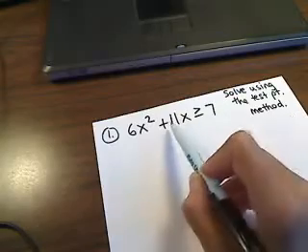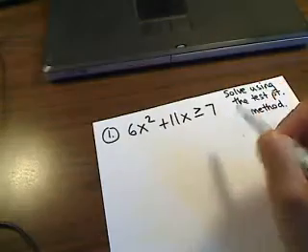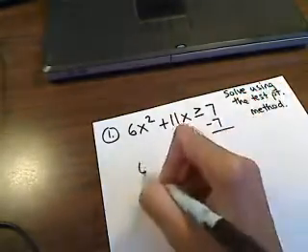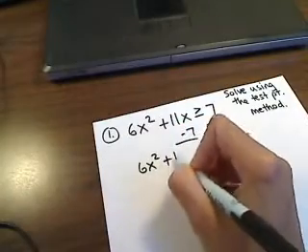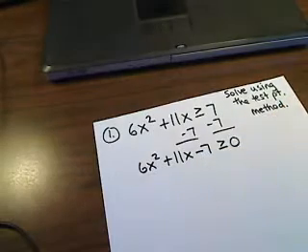So we want everything on one side and just 0 on the right hand side. I'm going to bring this 7 over by subtraction, so I have 6x squared plus 11x minus 7 greater than or equal to 0.